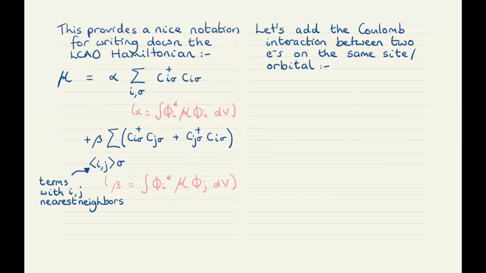And this we can write down very straightforwardly. It's repulsive, so it's positive. You usually give its magnitude by U.